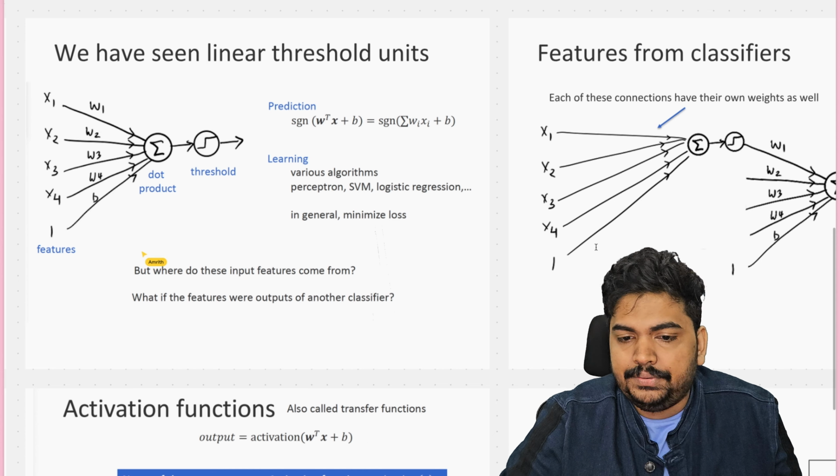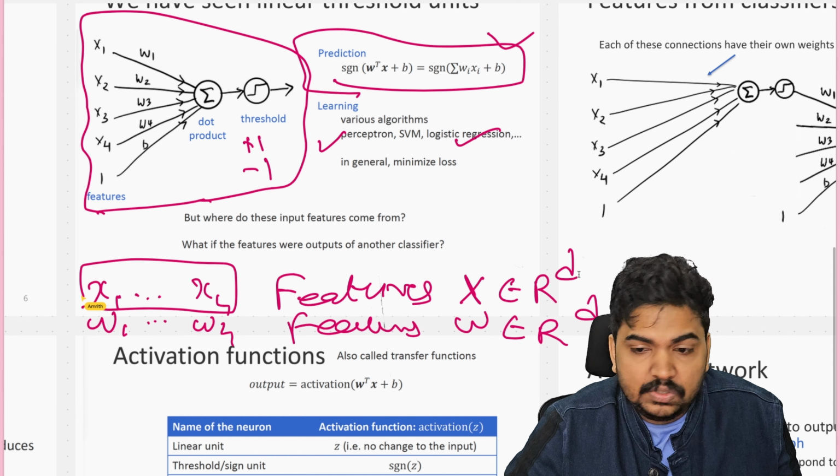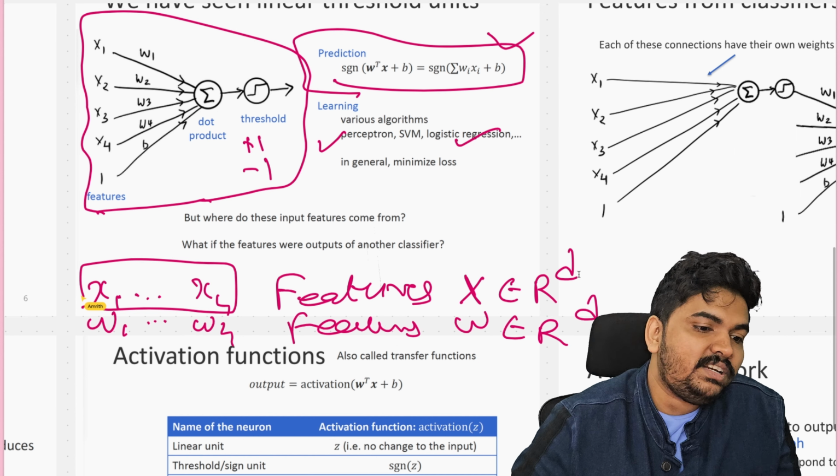What if these are just raw observations from another classifier? What if these features x1 to x4 were themselves produced by another classifier? The idea is really cool. The question is, can we really do that?